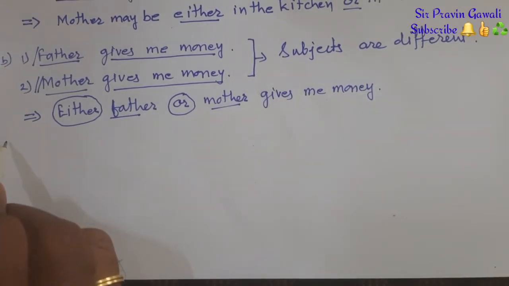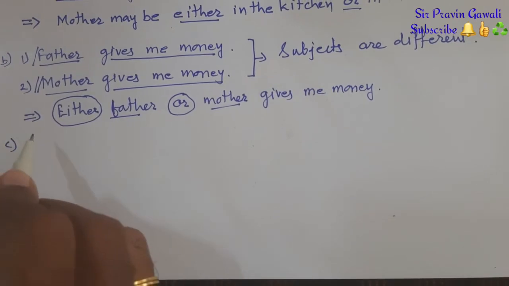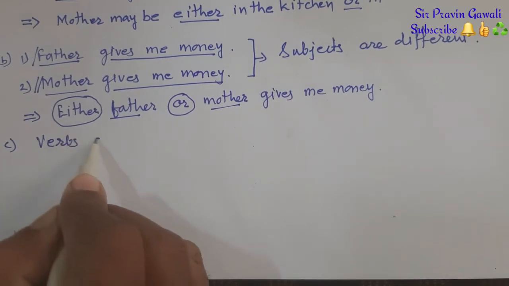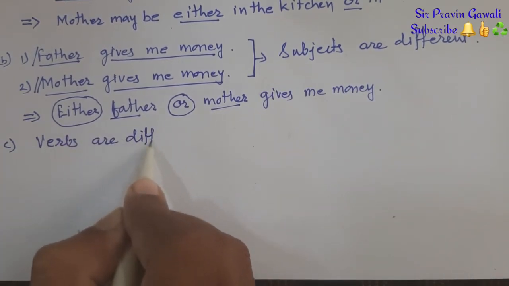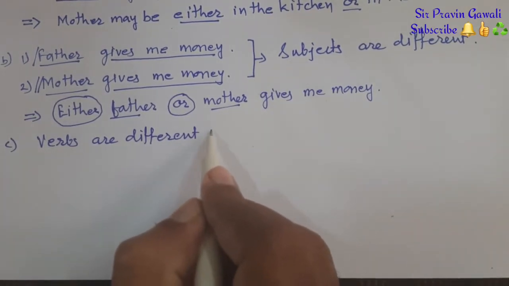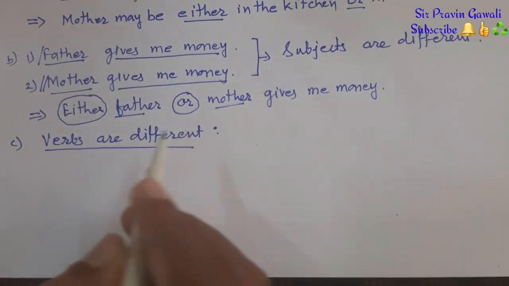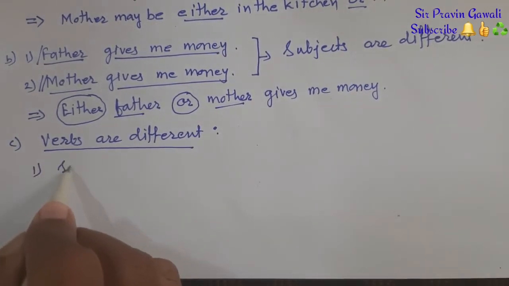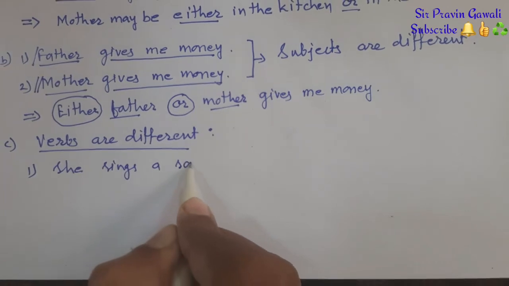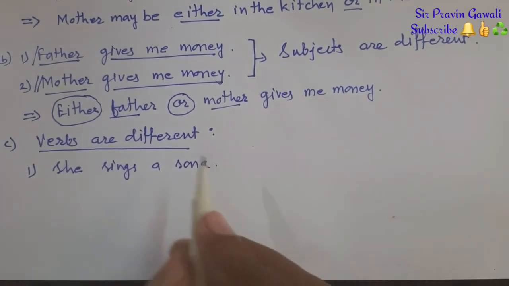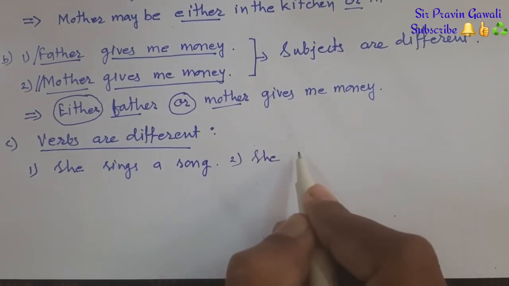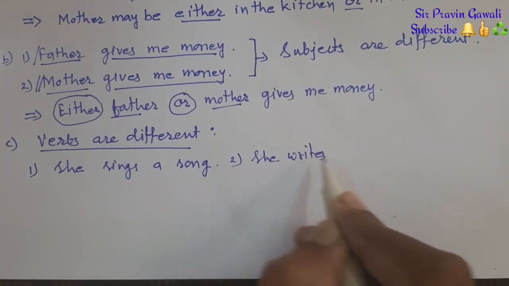Now students, let's have one more example where we will find the verbs are different. If verbs are different, how to construct the sentence with the help of either or? Let's have an example. She sings a song. The second sentence: she writes a song.